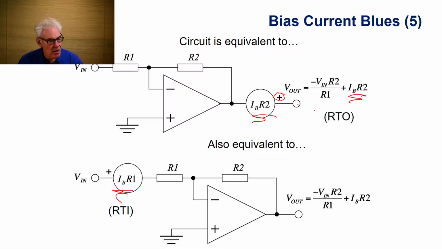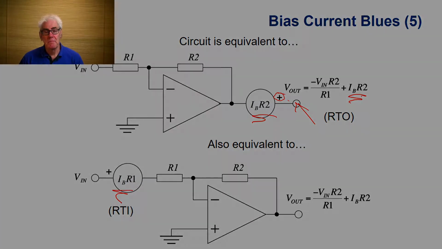So the same error can be stated as an error of the output voltage, or it could be stated as an error of the input voltage, and it depends how you want to relate it. As an output voltage, you may want to know what is the error appearing there, but you may also say, I know my input is varying, so without any input, what would the error be at the output? So what would the equivalent error be to apply to the input that would give the same error at the output? So there's two different ways of looking at it: output referred or input referred.